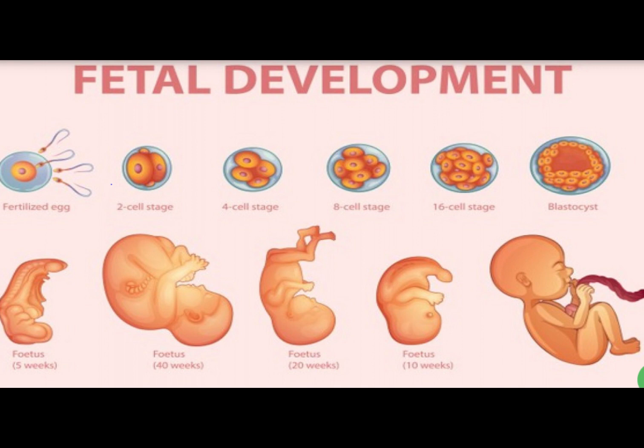Let's see the first stage, the germinal stage. The germinal stage is the shortest stage of fetal development. It begins at conception, when a sperm and the egg join in your fallopian tube, when fertilization occurs.